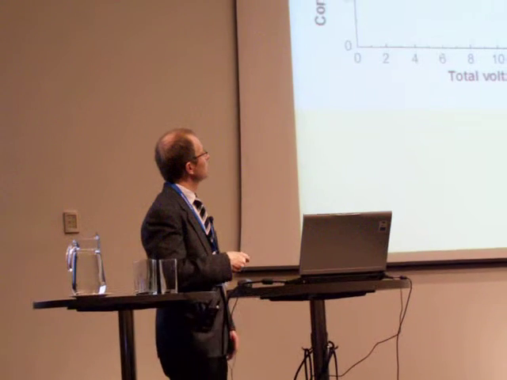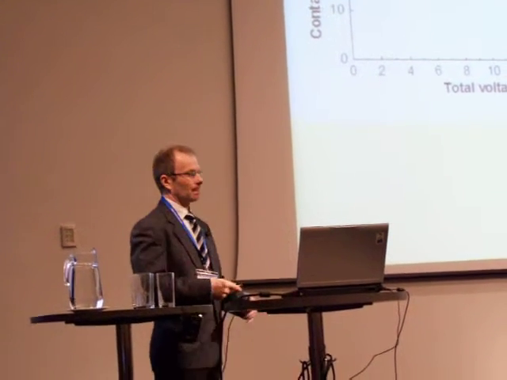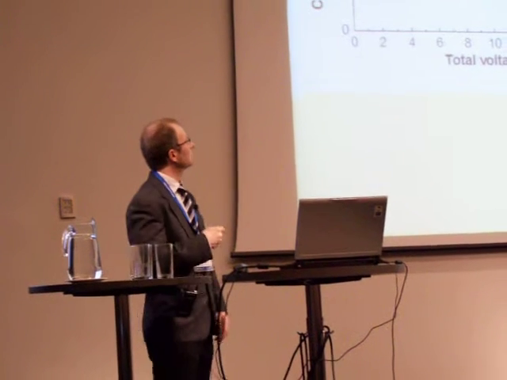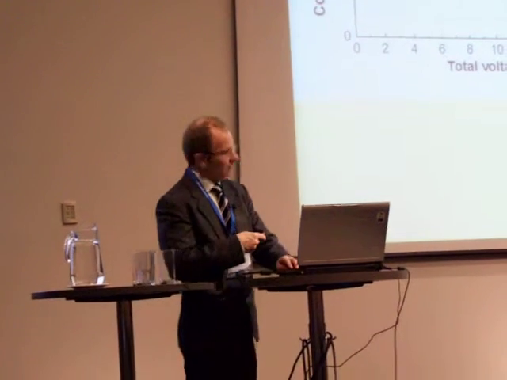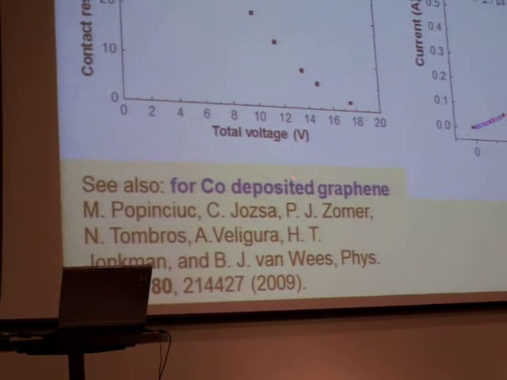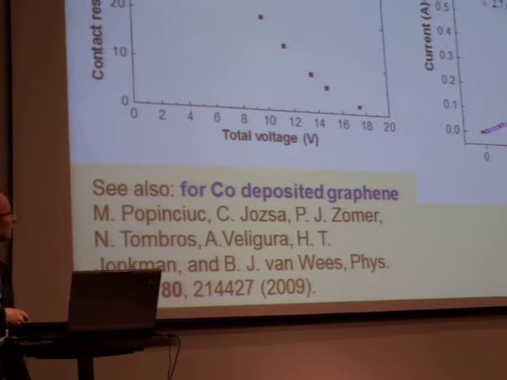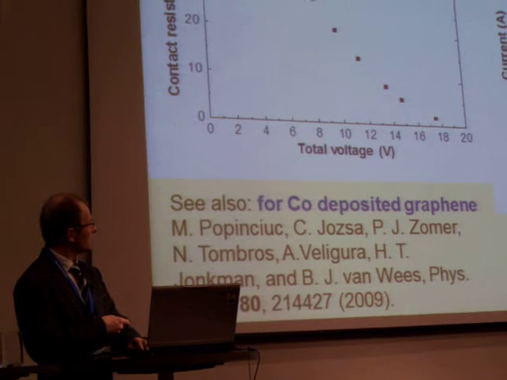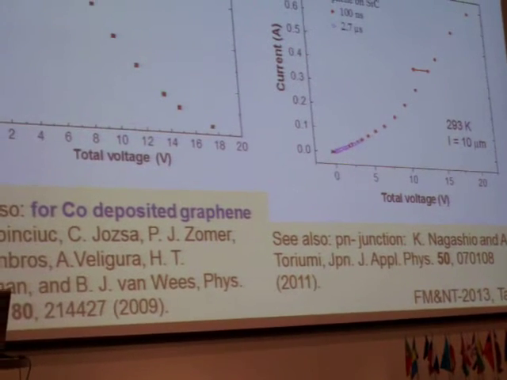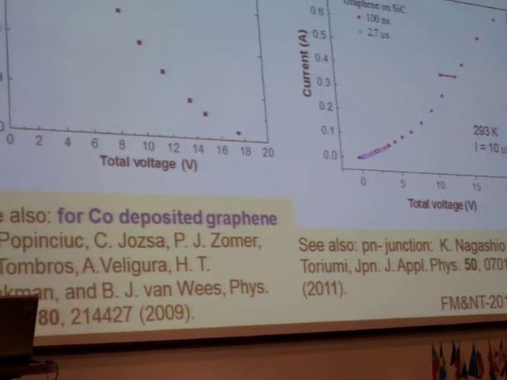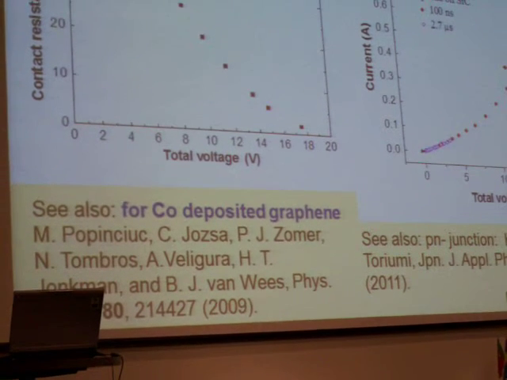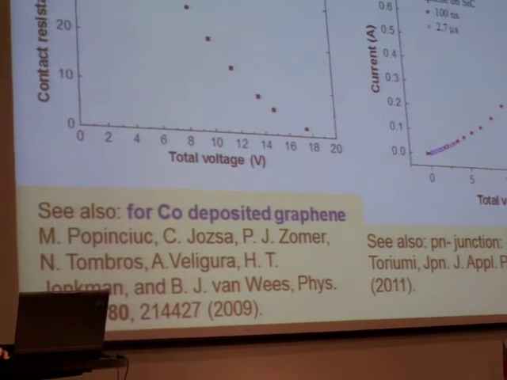The more voltage is applied, the lower the barrier for carriers to pass it, and the lower the contact resistance. Also, bias-dependent contact resistance was observed for cobalt-deposited graphene, and one reason for that for a graphene channel can be a p-n junction.